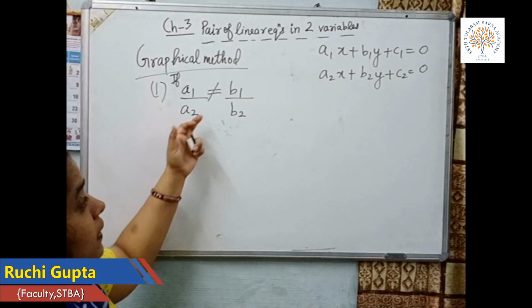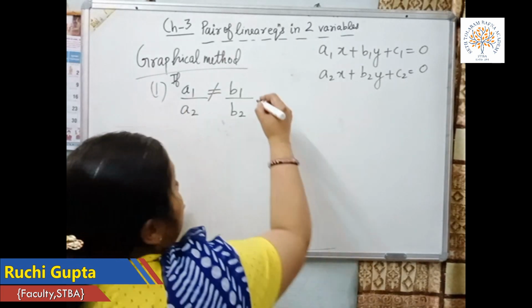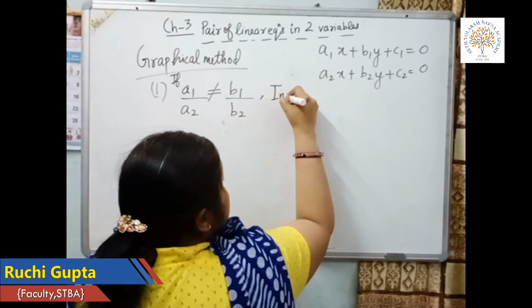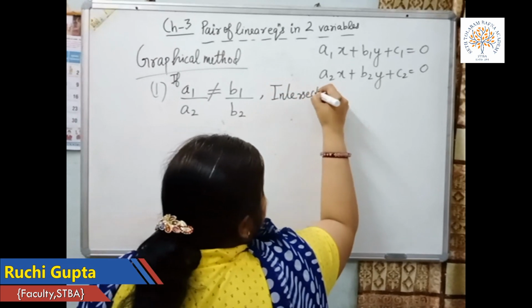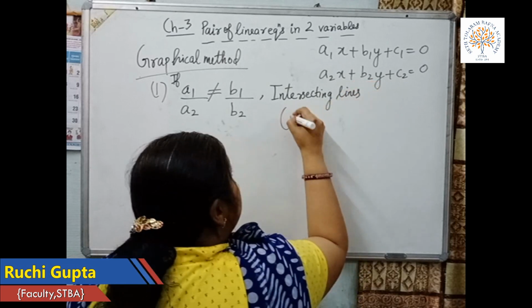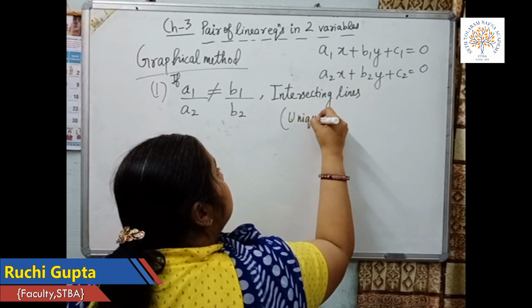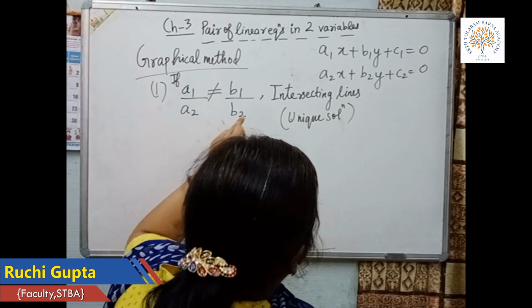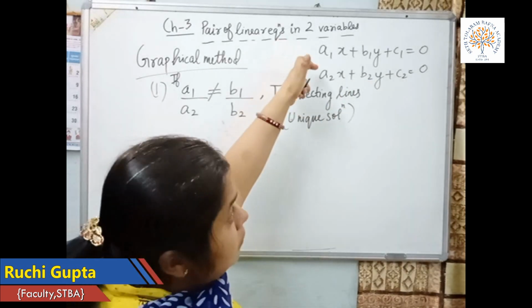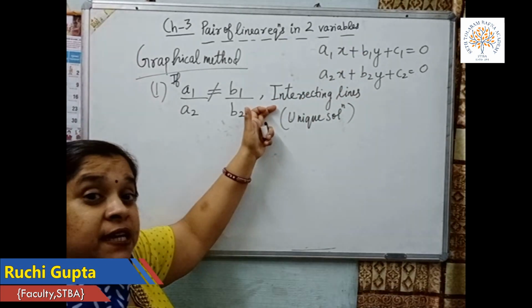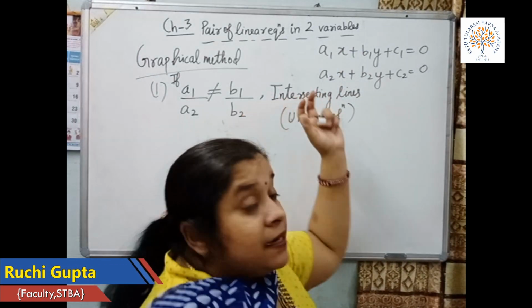If a1 upon a2 is not equal to b1 upon b2, then the graph of these type of equations is intersecting lines. It means they have a unique solution. It means the graph of the two equations in which a1 upon a2 is not equal to b1 upon b2 represents the graph of intersecting lines.